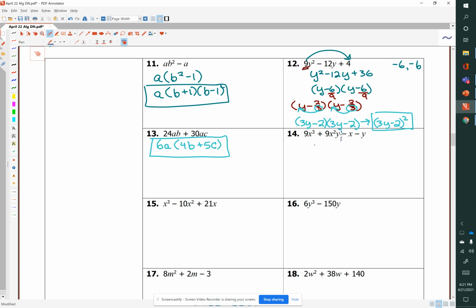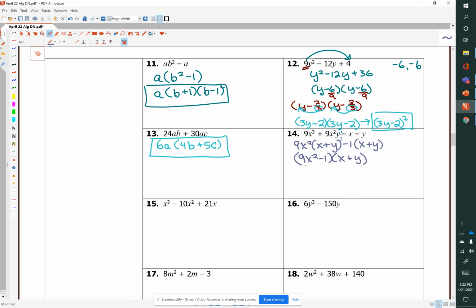In the first 2 terms, let's factor out a 9x squared to give us x plus y. And in the second term, we're going to factor out a negative 1 to give us x plus y. So negative divided by negative is a positive. So that would give us 9x squared minus 1 times the quantity of x plus y.